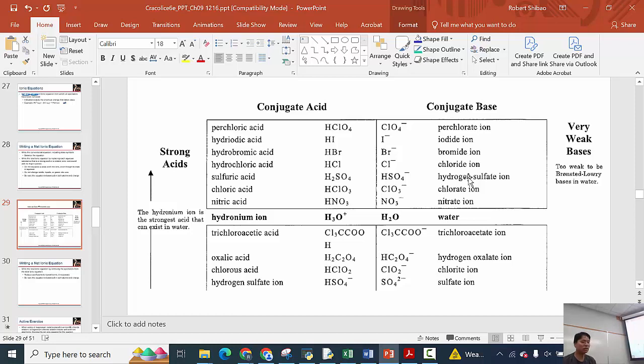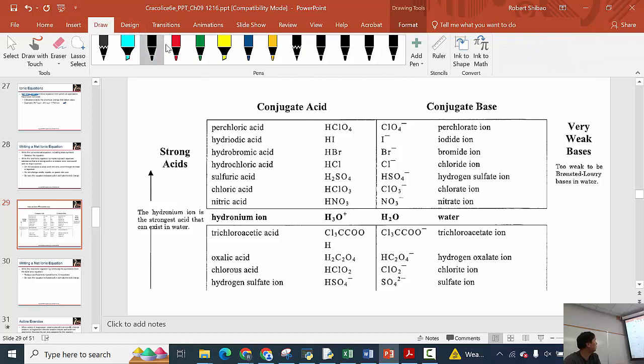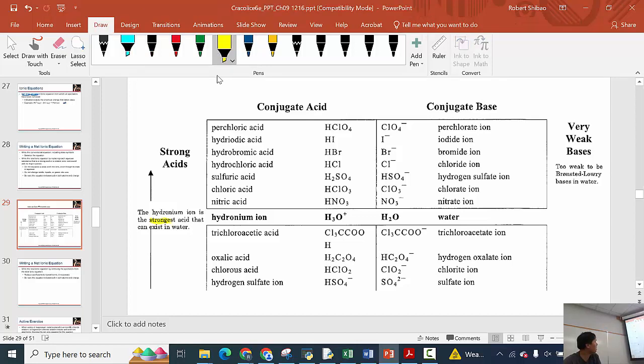It turns out that hydronium ion is the strongest acid that can exist in water, and that's highlighted here. The implication is that any of these other acids don't exist in water.